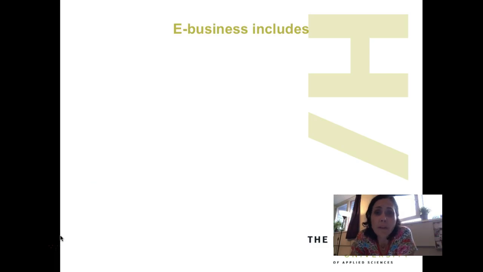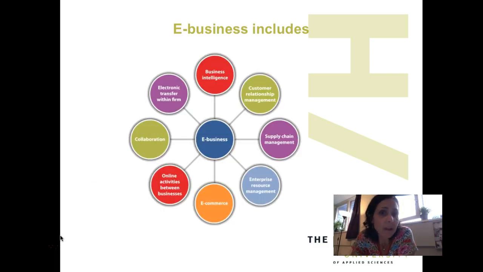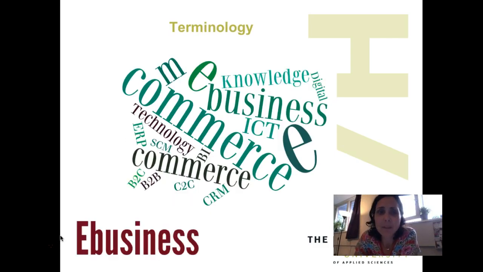And what is e-business? So just to back up again, we've talked about ICT trends in general, and here, these are the specific things that e-business covers within a business. So it's bringing together anything related to the ICT side of things, both internally and externally. The terminology, so you'll hear things like e-commerce.